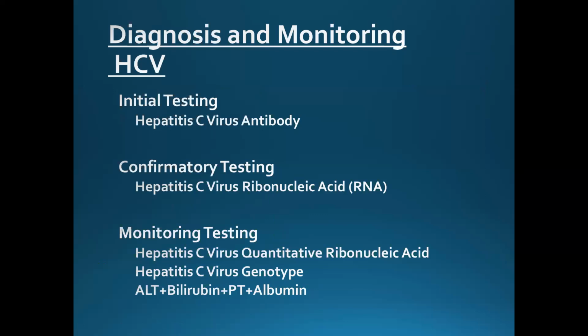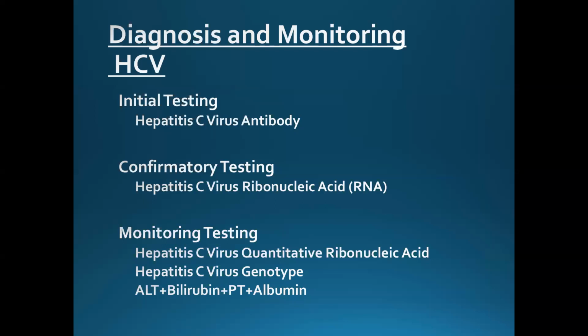As I mentioned to you, you do the initial test, but the initial test should not be only with the hepatitis C viral antibody. Why? Because in 25% of the patients, they will have the disease but they will be missing the antibody. The 75% is telling you that the patient has it, so you do the antibody testing and the patient comes back positive.